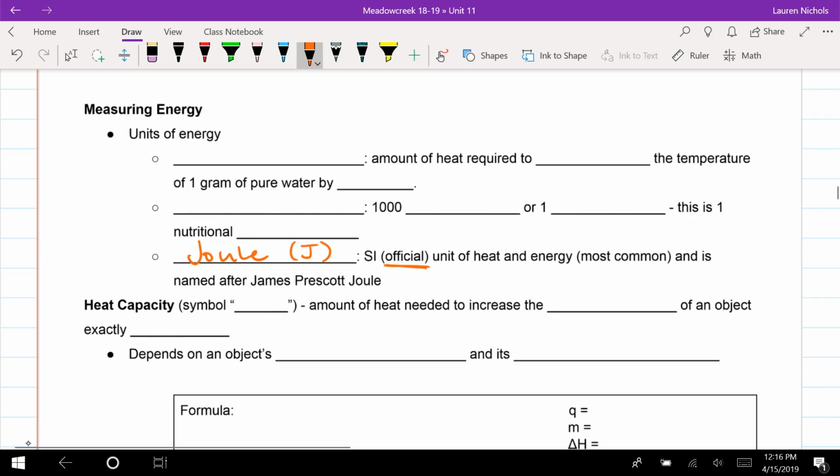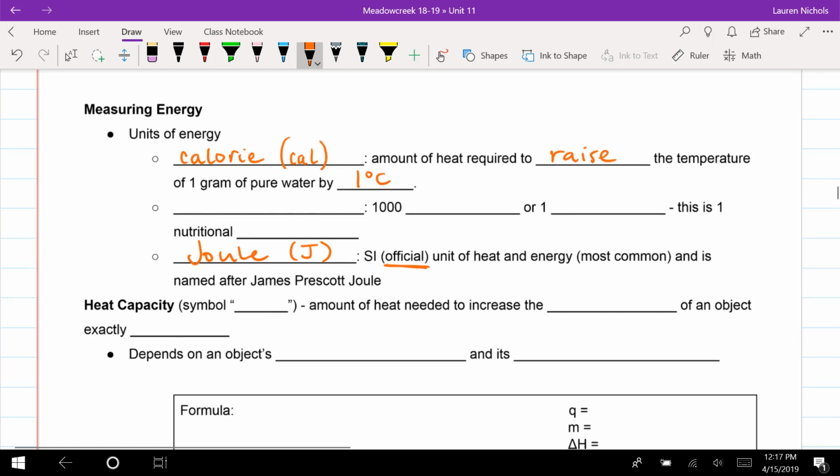The other unit we use to measure energy is the calorie. We see that most often with food, and this calorie has a lowercase letter c and is abbreviated as cal, and is the amount of heat required to raise the temperature of 1 gram of pure water by 1 degree Celsius.